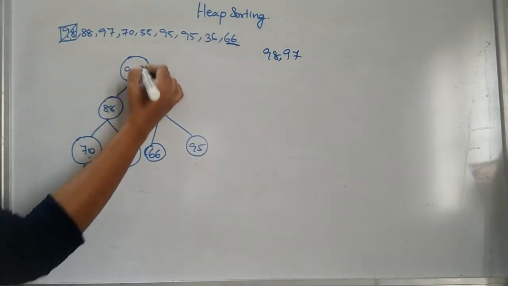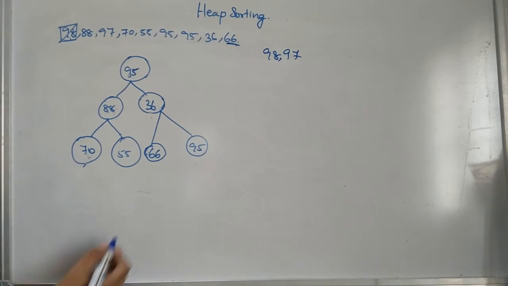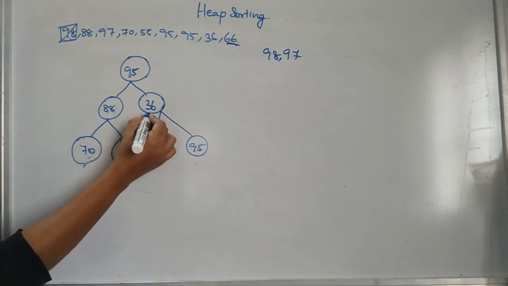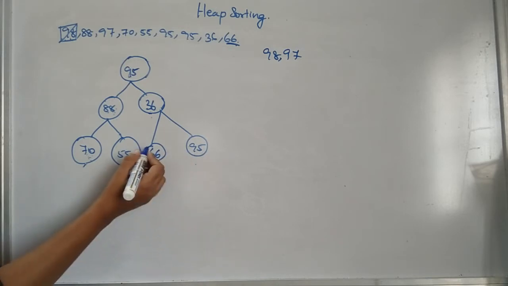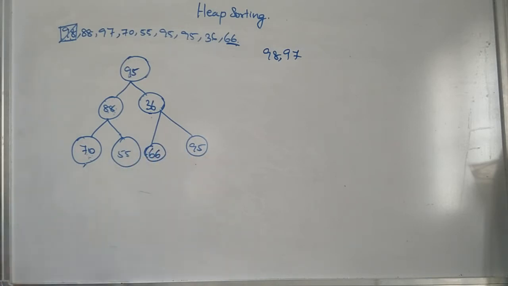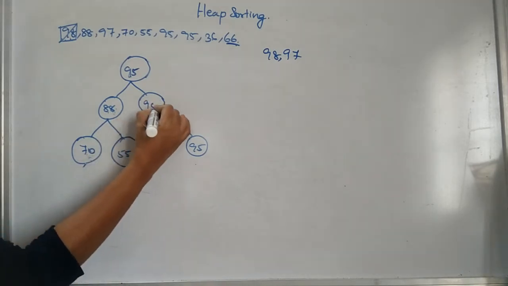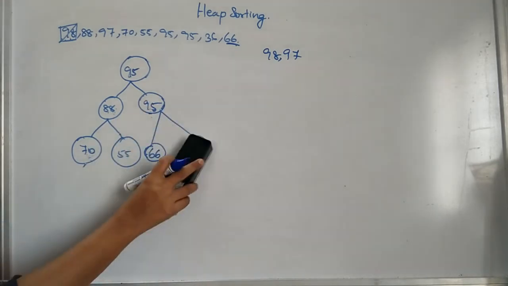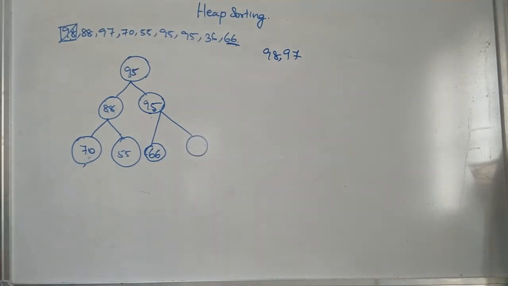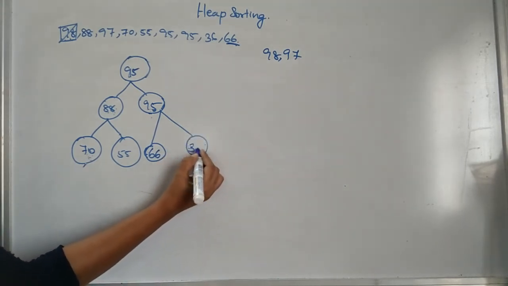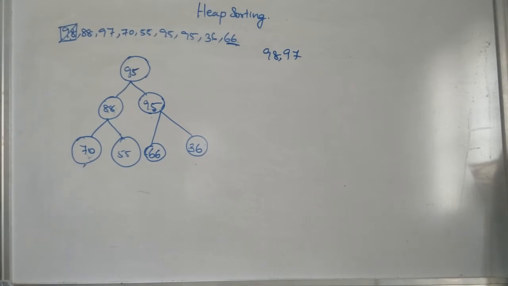Even if I'm checking here, 36 is less than 66 and 95, so I should check for the maximum element. 95 is the maximum element, so I write the maximum element here and 36 will appear here. I'm just doing swapping operations. Now if you look at this tree structure, it obeys the rule of max heap.